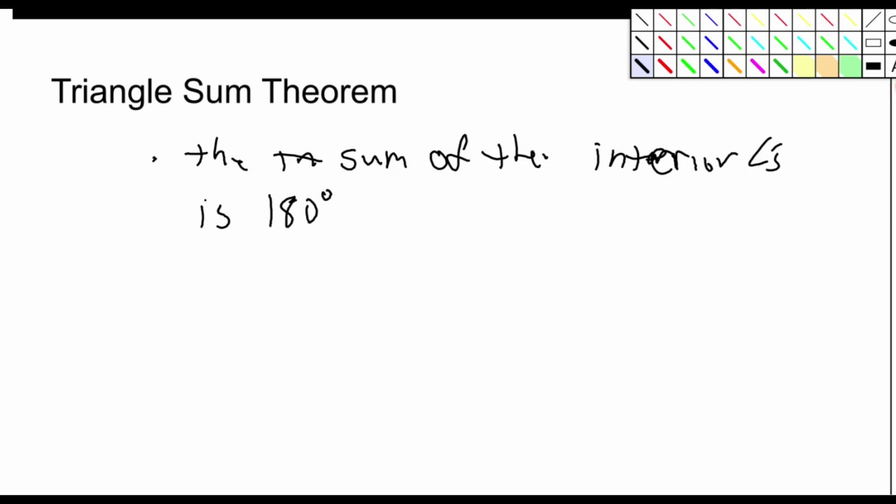That's our theorem. So now, instead of saying that triangles equal 180, if we ever ask you anything related to that, you're going to say, oh, it's the triangle sum theorem. That's how we know. We've actually proven it, and remember, it's a theorem because you have proven it. You've actually gone through the process of proving this. All right, hope that helps.